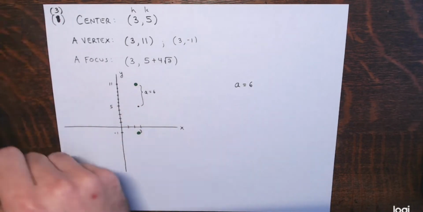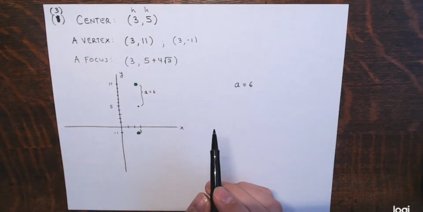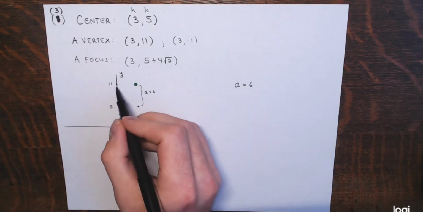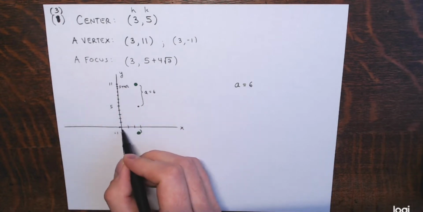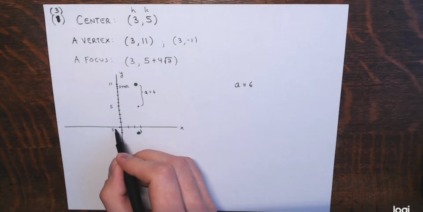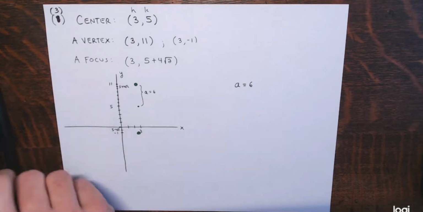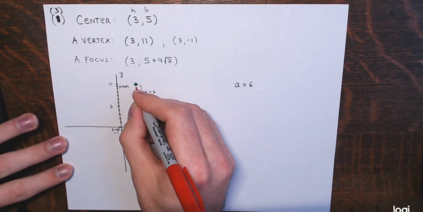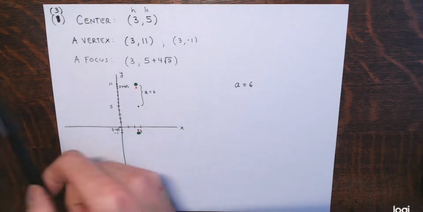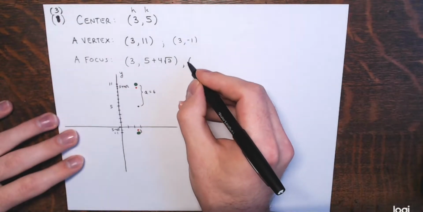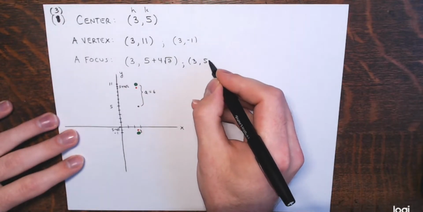The square root of 32 is between 5 and 6 units. So somewhere in here is 5 plus 4 root 2, and between 0 and negative 1 there's going to be 5 minus 4 root 2. There are the two foci, very close to the vertices. I put them in little red dots. So the other one will be at 3, 5 minus 4 root 2.